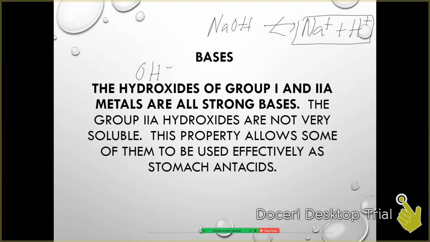If it was weak, we'll just use beryllium hydroxide, it would ionize into Be2+ and 2 hydroxides, but not to very much extent. So now the head of your arrow, your greater than, would be toward the reactant. That's all it means whenever we're talking about whether something's a strong base or a strong acid.